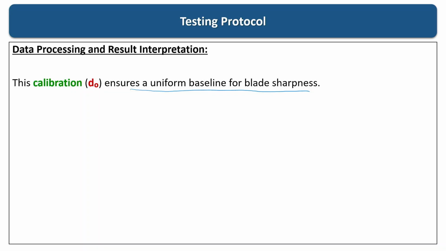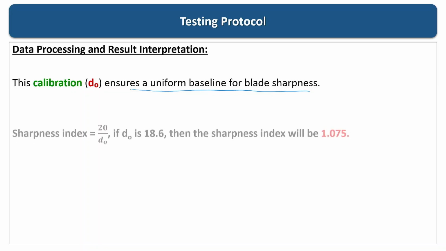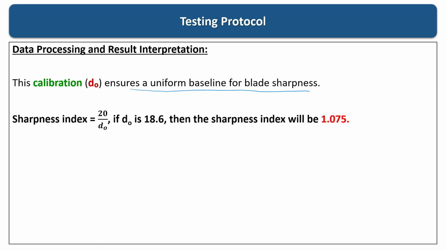So, the standard sharpness we know, that is the calibration distance, and the sharpness index of a particular blade we can calculate. So, for the sharpness index, the standard distance was 20 and the calibration is D0.